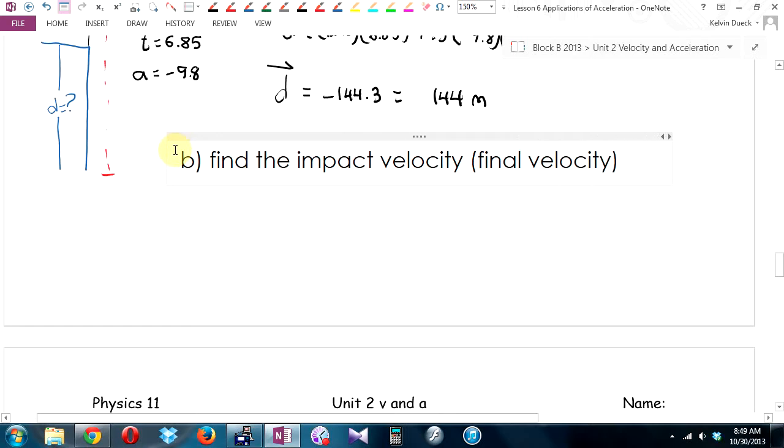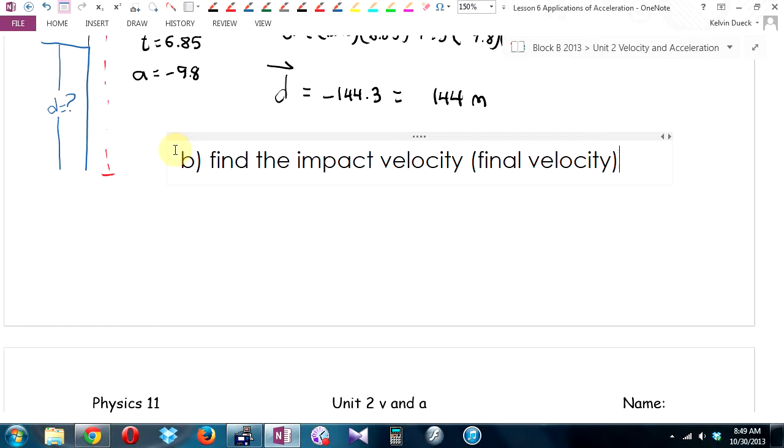Mr. Dueck doesn't want me to say 0, because that's a boring question. Yes, I know everything after it hits the ground has a velocity of 0. When I say final velocity, what I really mean is the final velocity while it's in free fall, the split second when it hits the ground. So sometimes I will say impact velocity, but sometimes I'm just going to find the final velocity.